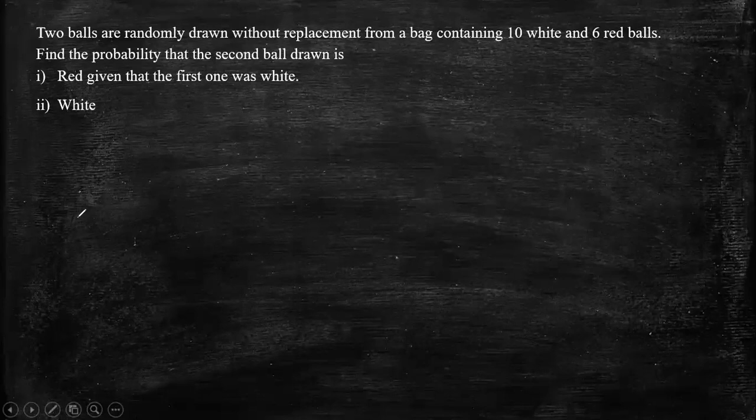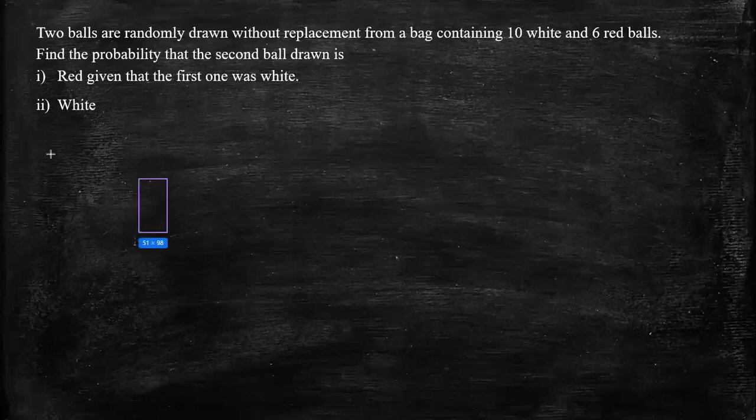So we are going to begin by constructing a simple box, or we can call it a bag. From that bag, we have 10 white balls and 6 red.